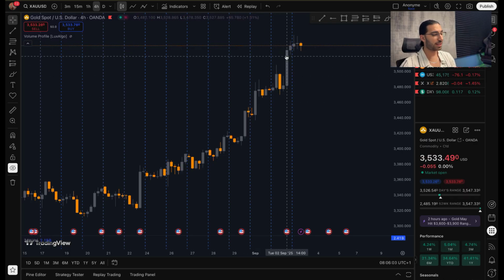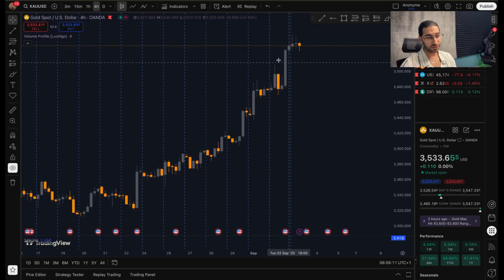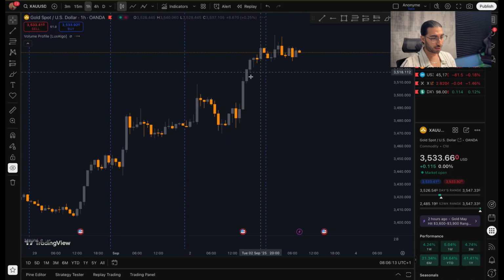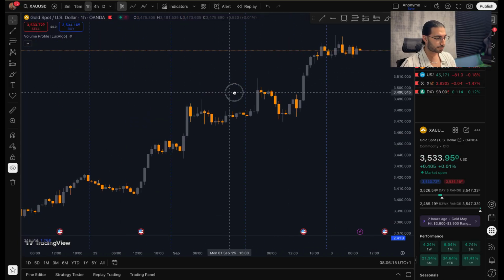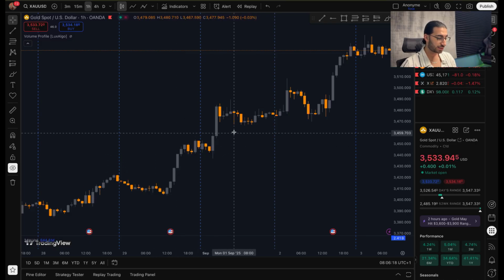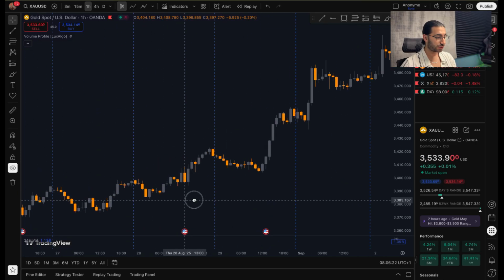I understand that, okay, it's an uptrend, and I understand that there are probably some levels here and there that might be of interest. So when I zoom in and I go on the 1 hour, I clearly see that there are clear levels that are drawn here.